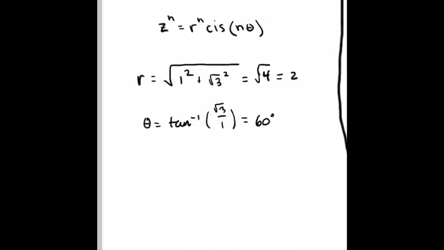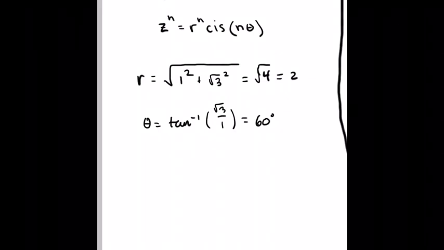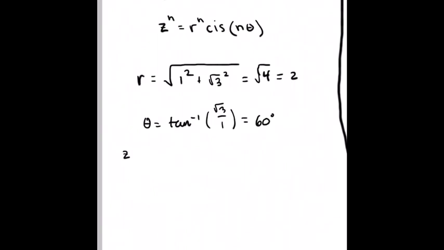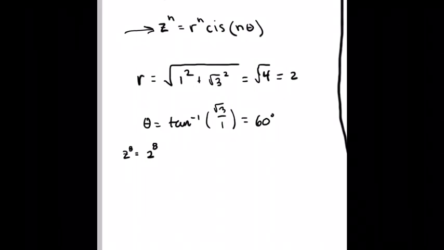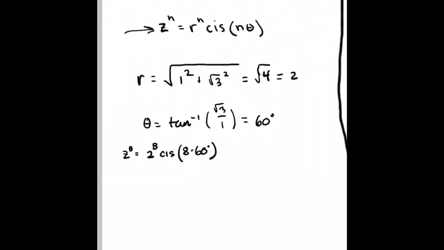Okay, so if we now want to find z to the 8th power, we do this formula here. So 2 to the 8th CIS 8 times 60 degrees.